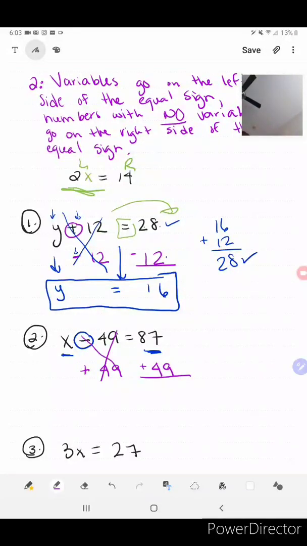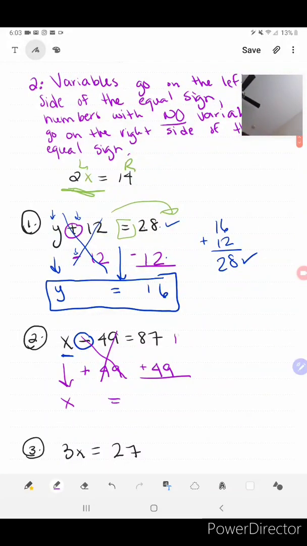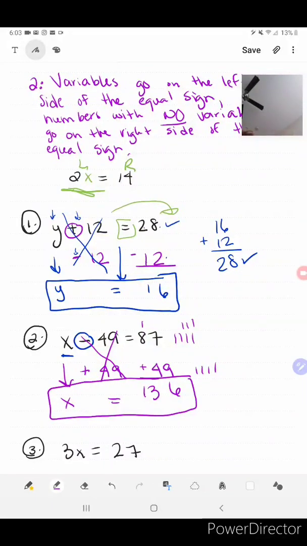So this again crosses out. We bring down x equals. And then you add: 9 plus 7 is 16. 1 plus 8 is 9, plus the carried 1 makes 13. So 136 is our x value.